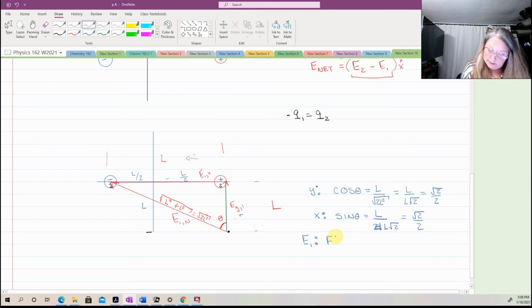Let's start with our x. We said that's negative, so it's going to be negative E1 times the trig function, so times sine theta. And then let's do my y component. I've defined that as going up. It is positive, so plus E1 cosine theta y hat.